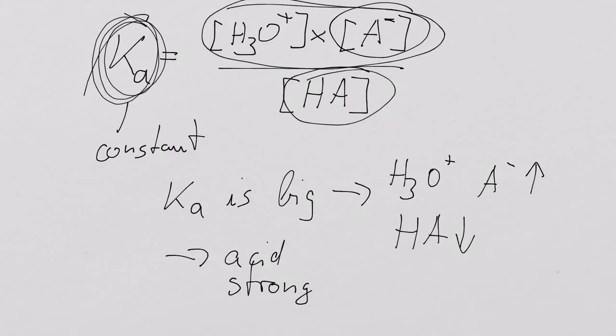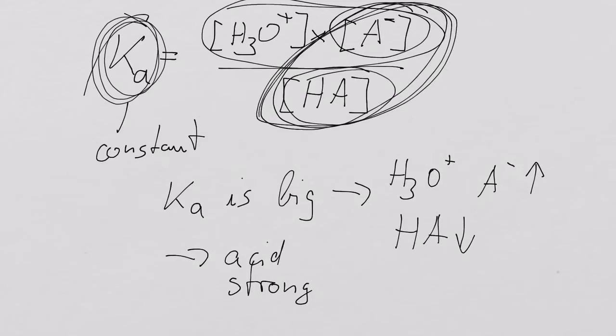Okay, so what does that mean? Actually, by messing around with A minus and HA, with these guys here, I can actually change the pH of the whole thing. How? Well, let's just simply write that down again, because it's so nice.